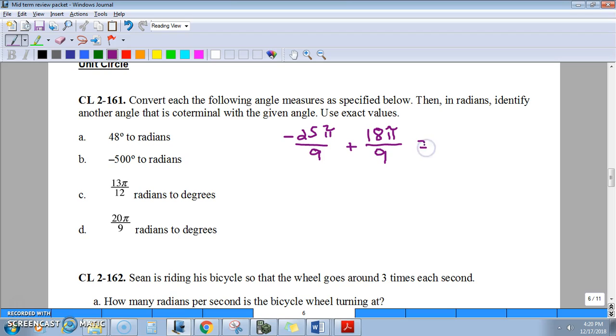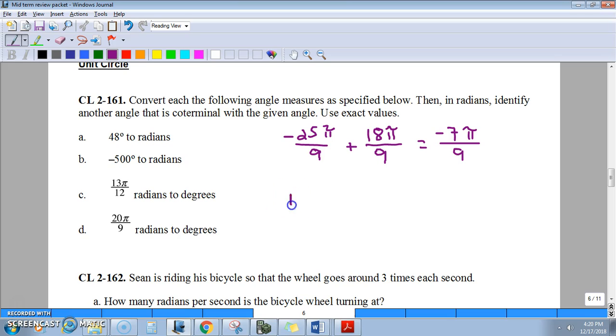So now, negative 25 plus 18 is negative 7, right? So I have negative 7 pi over 9. So negative 7 pi over 9 is also a coterminal angle because I simply added 2 pi, which is one entire circle. Okay, last one.